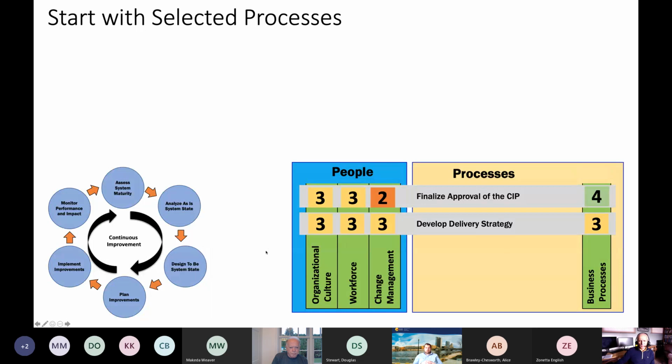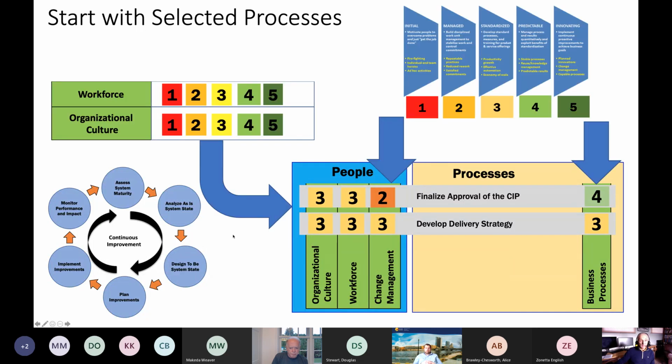So that, for example, if we start with just a couple of processes, then we can use the maturity model for workforce and organizational culture combined with the model for change management, which is actually a business process, so we can use our existing model to look for improvement.